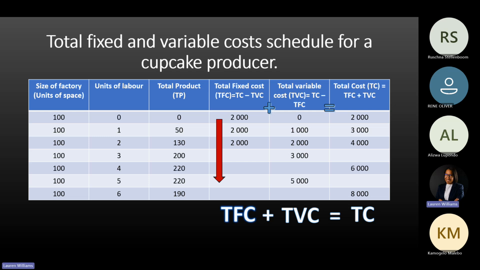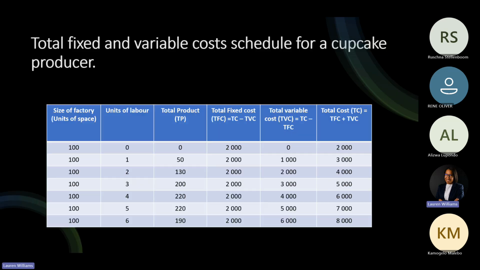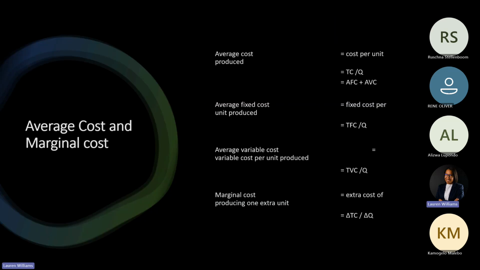Again, total fixed cost 2,000 for the fifth laborer, plus your variable cost of 5,000 gives us our total cost of 7,000. And this is how you need to constantly be manipulating the formulas. Hence, I say to the students, write the main one down, and then you can start to manipulate depending on which variables you do and don't have, because you might not have a lot of time in the exam. There we go. Right, so it will look like that.